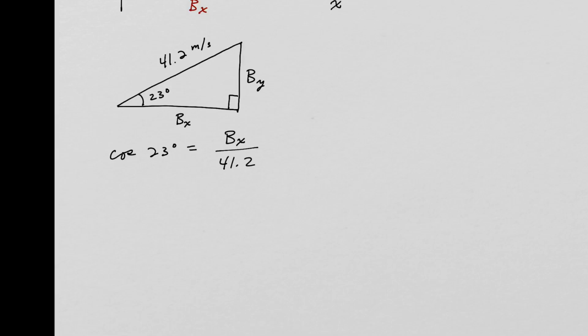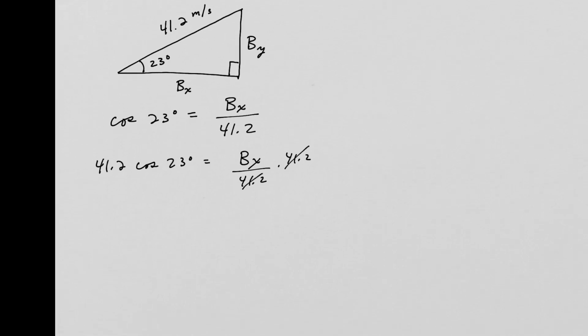Then if I multiply both sides by 41.2, on the right-hand side, the 41.2s will cancel. And I'm simply going to get bx is equal to 41.2 times cosine of 23 degrees.